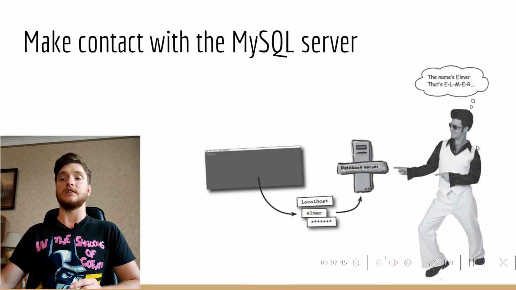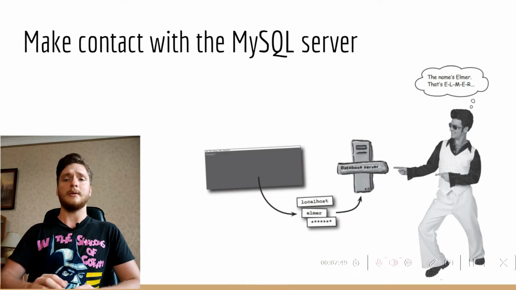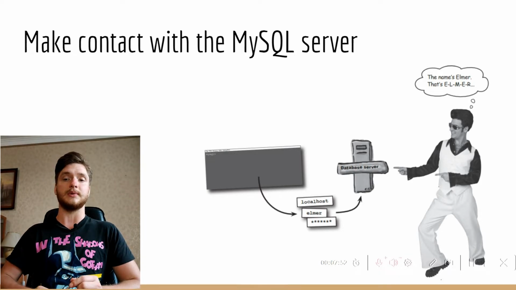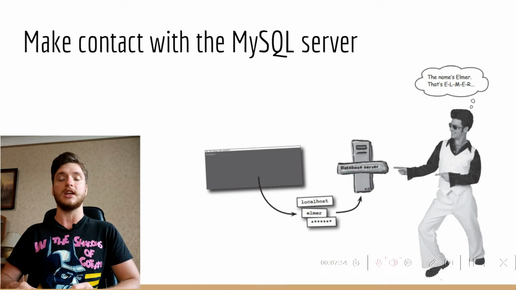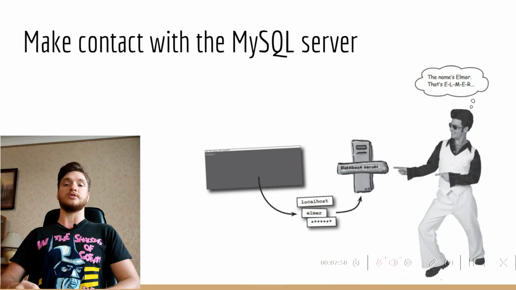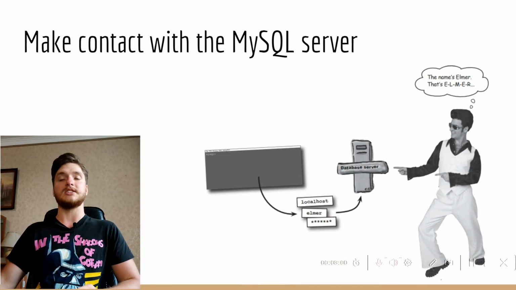The name is Elmer. A MySQL tool such as the MySQL terminal lets you connect to a MySQL database server with a valid server location, username and password, as well as letting a PHP script make a connection to a database and perform database actions.